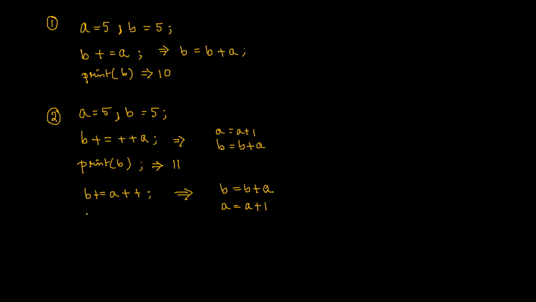So if you print b in this situation, you will get the same value as you saw in example 1, that is 10, because the addition is done first and after that the increment happens. That means if you print a at this moment, you will get the updated value of a, but the result for b is 10.